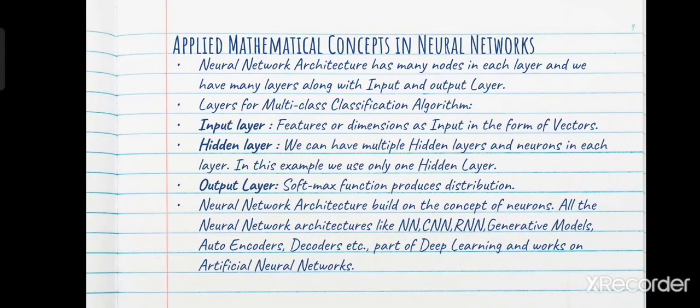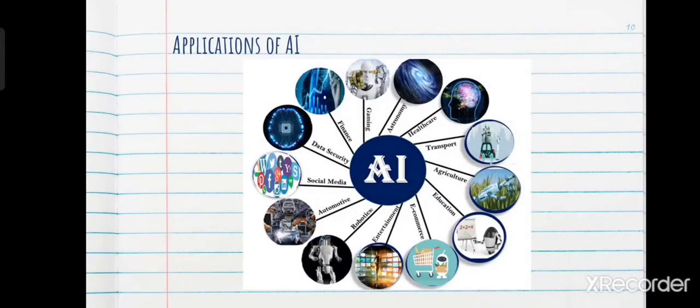Let's see some applications of neural networks, that is artificial neural networks, which are also majorly famous as artificial intelligence. There are many applications like gaming, healthcare, transport, agriculture, e-commerce, automotive, social media, etc. Let's see a few of the applications in operation.